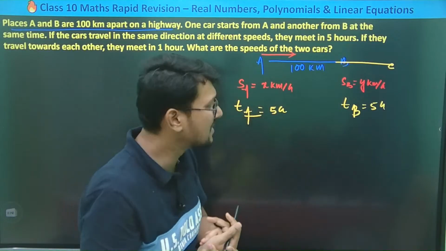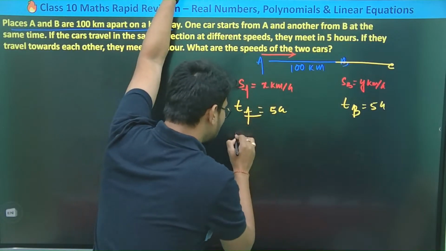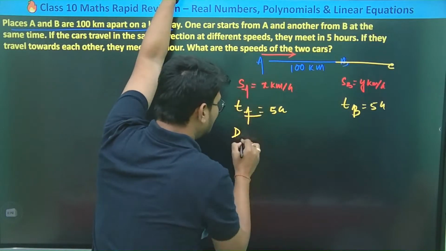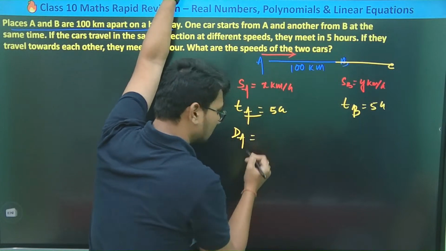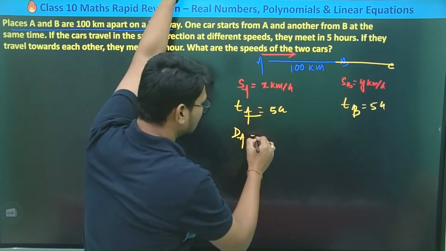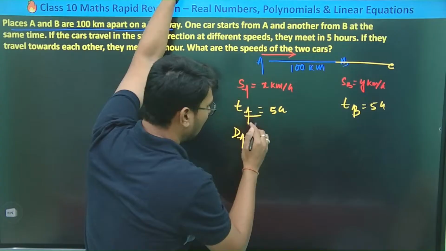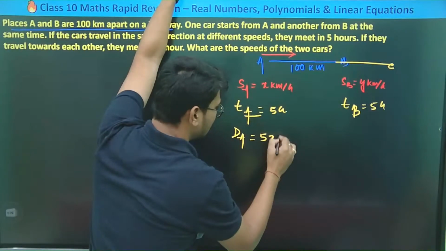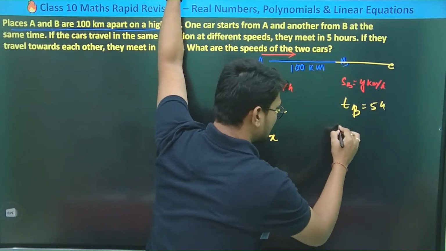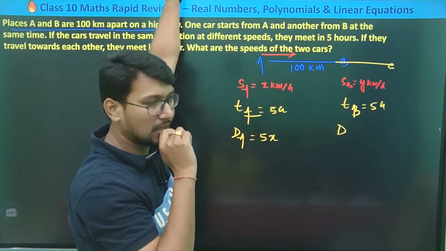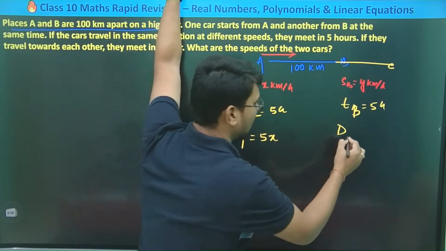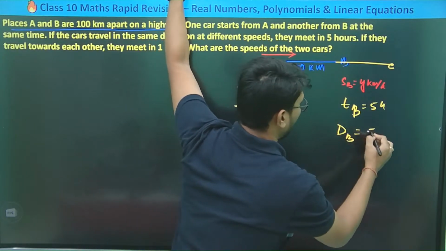The distance traveled by the car started from A is what? 5x. The distance traveled by the car started from B is how much? 5y.